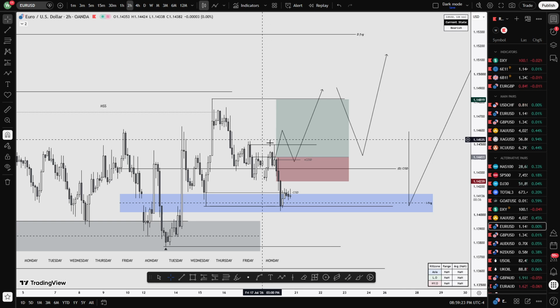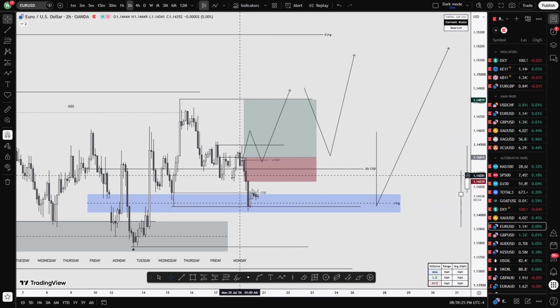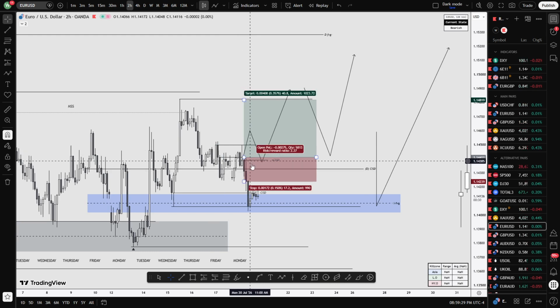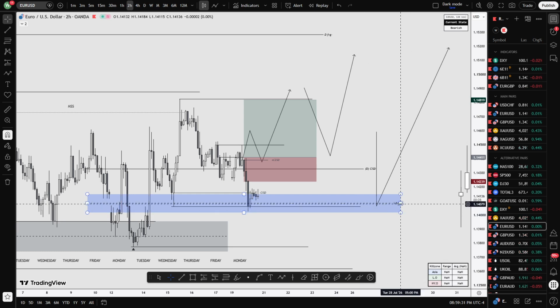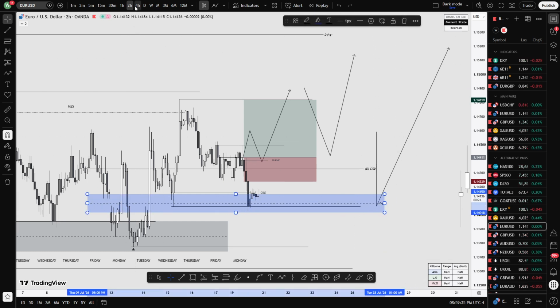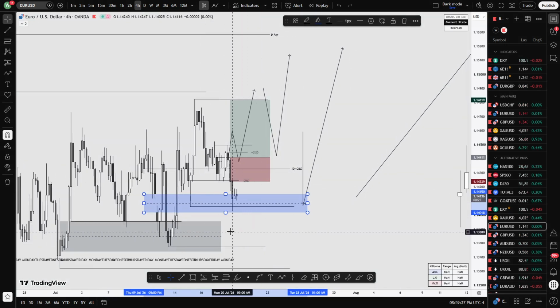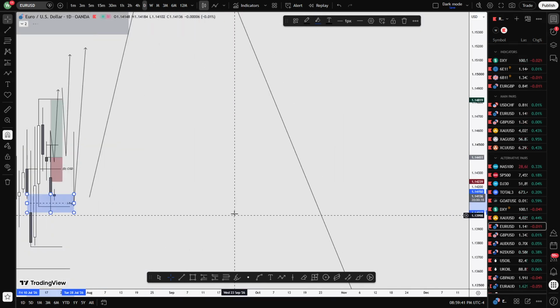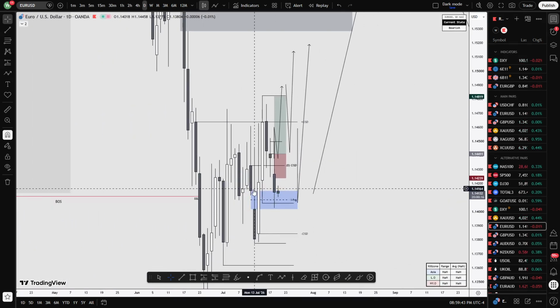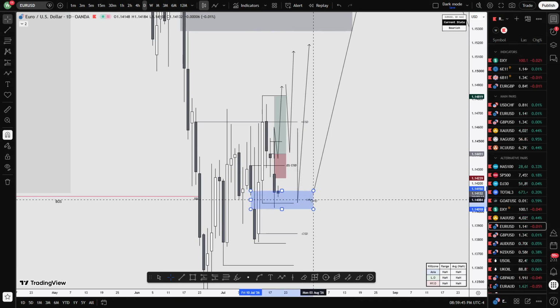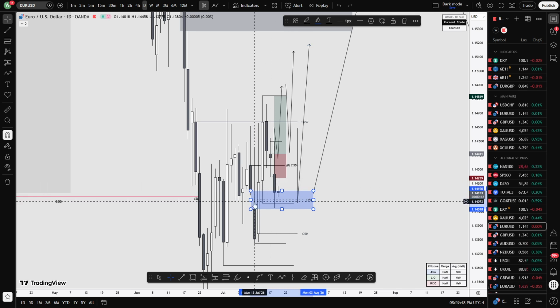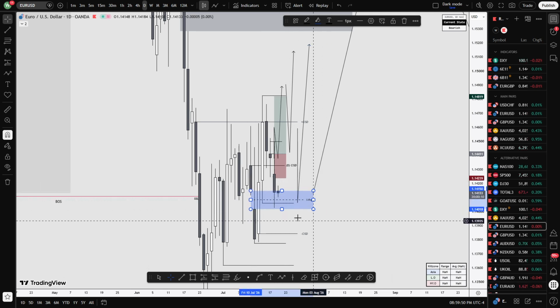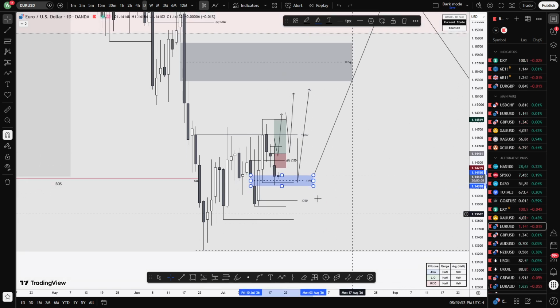I also said that if we don't get that and we tag this place and continue lower, this is the place I would like to see price react off. This zone here, and on the daily, this gap. And then I wanted to see price trade into this gap and then continue higher.